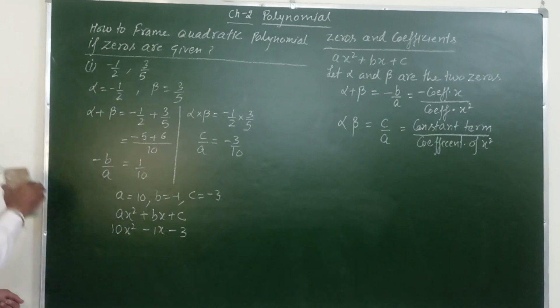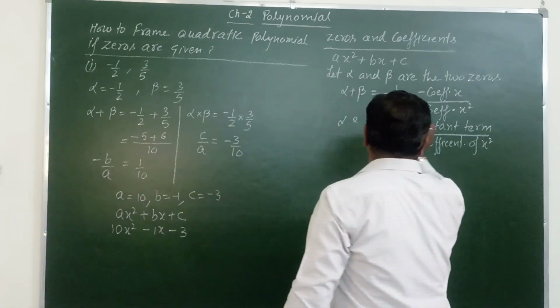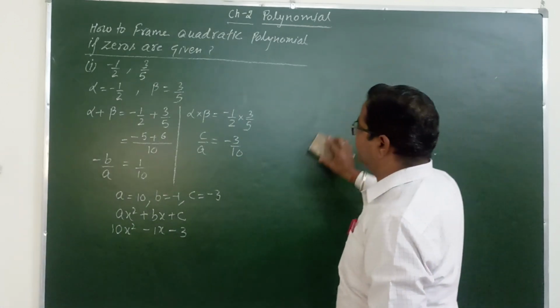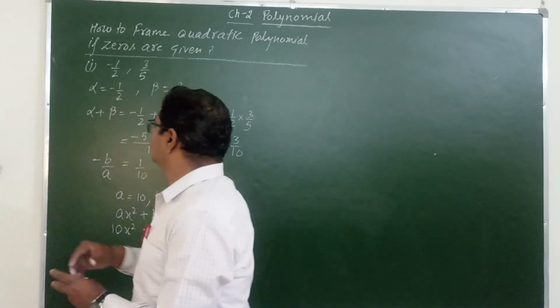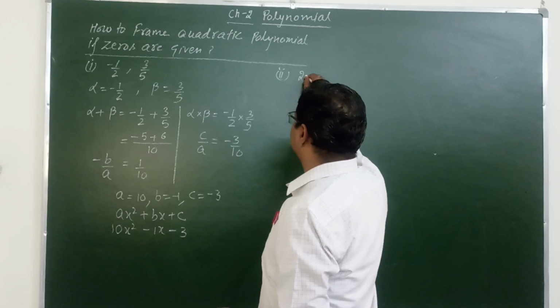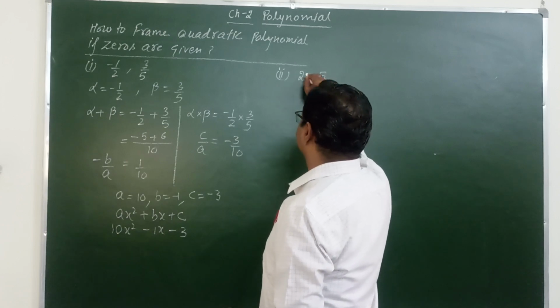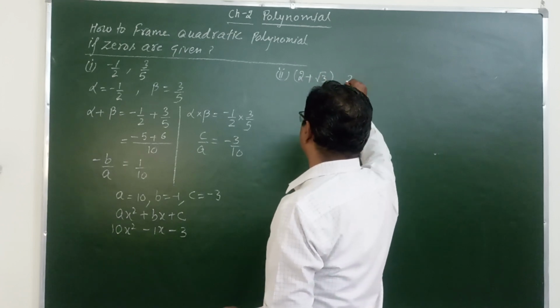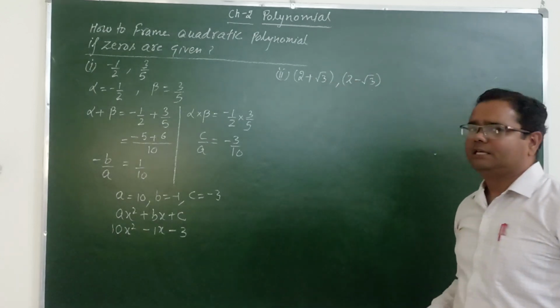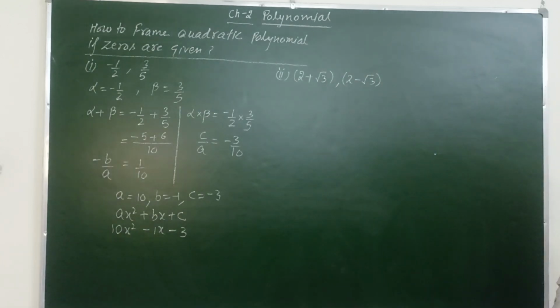One more example to frame the quadratic polynomial from the zeros. Let's see, we have two zeros, 2 plus root 3 and 2 minus root 3. These are the two zeros of the quadratic polynomial. Now I have to frame the equation whose zeros are 2 plus root 3 and 2 minus root 3.